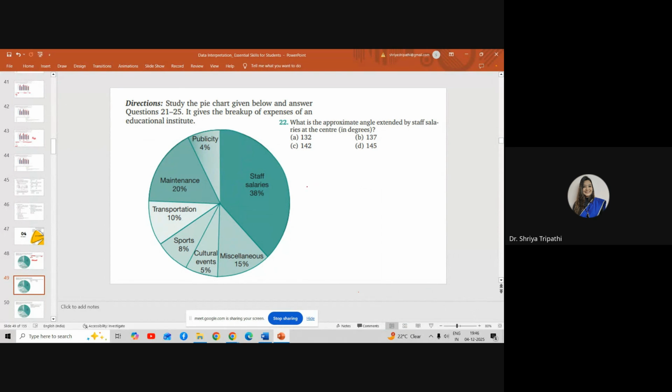How much percentage does salaries have here? 38. How do we calculate the degree? Into 3.6. So the answer is 137.